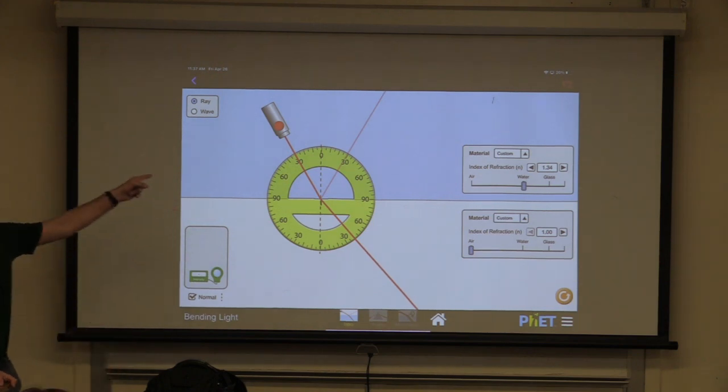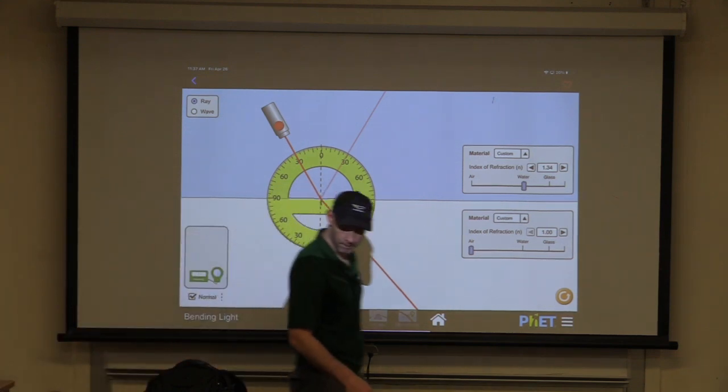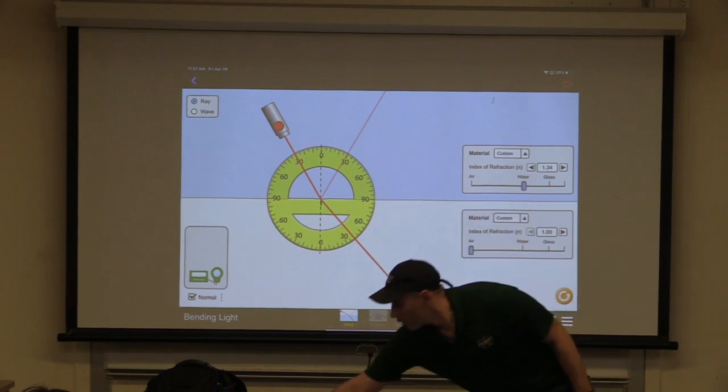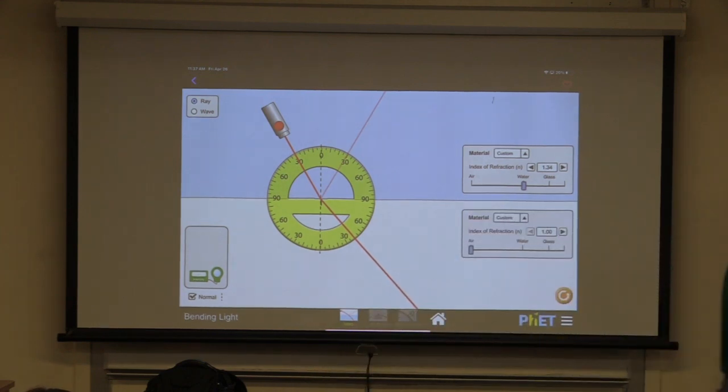Nope, this scenario right here. We're underwater, we're going into air. In this case, what is N1? 1.333.